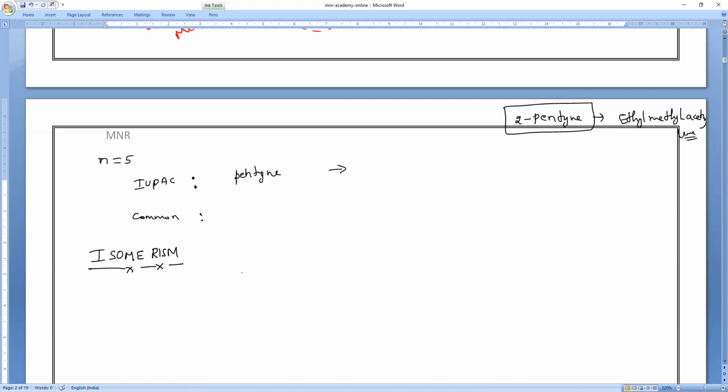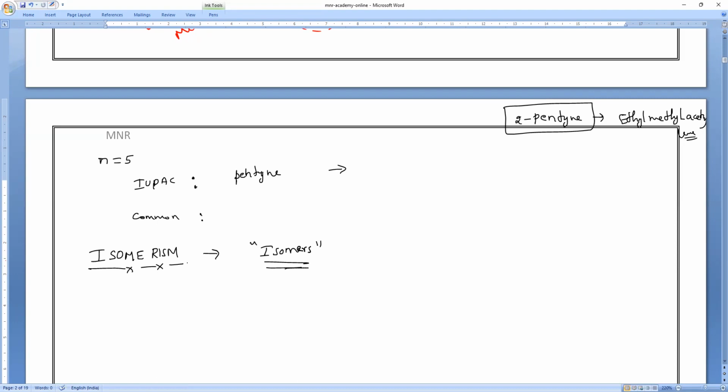What is isomerism? Isomers, sorry, not isotopes, isomers. Isotopes will come in class 9th. We say isomers.